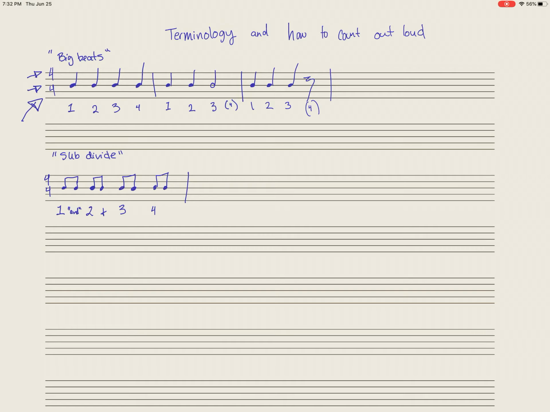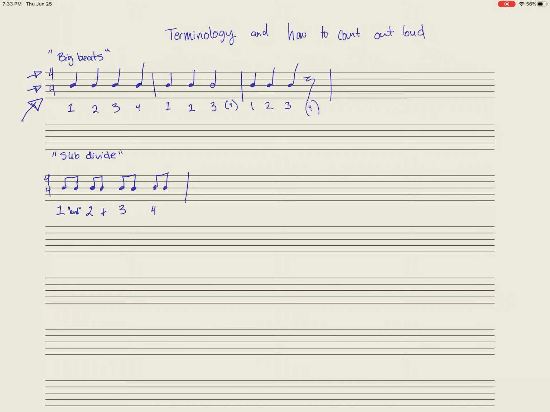Okay? And what's important is just like the big beats line up with the numbers 1, 2, 3, and 4 corresponding to the time signature, and the "and" of a beat is always an eighth note off. So it's always the eighth note that follows a big beat.